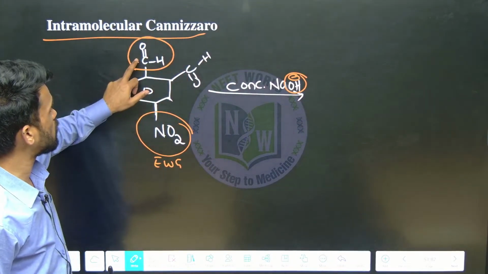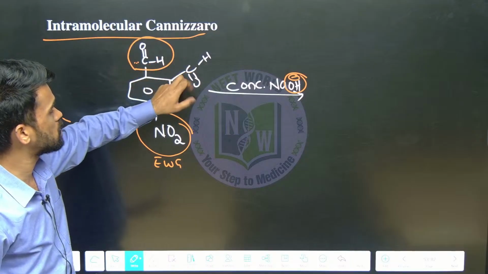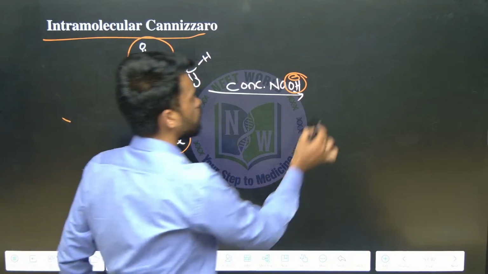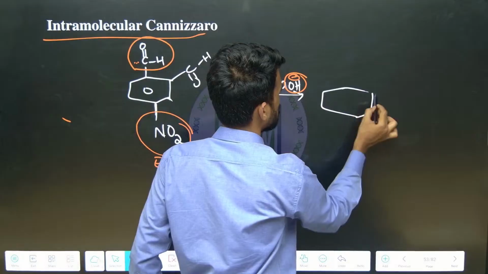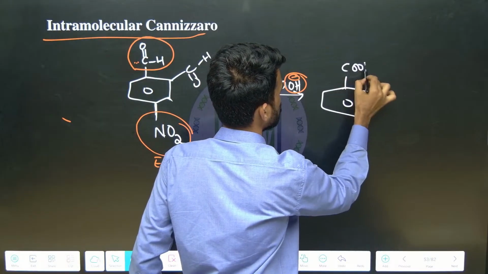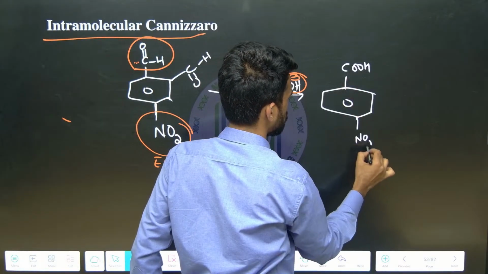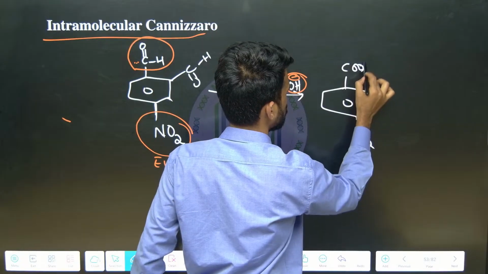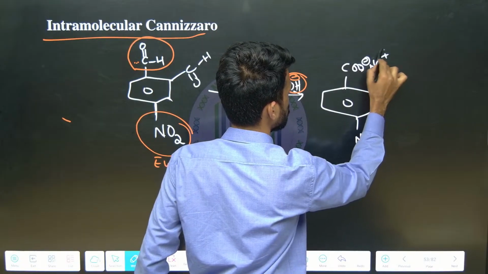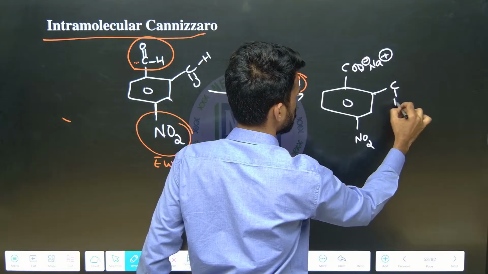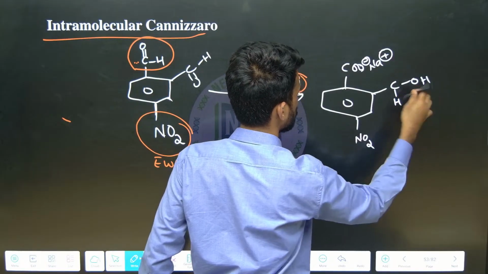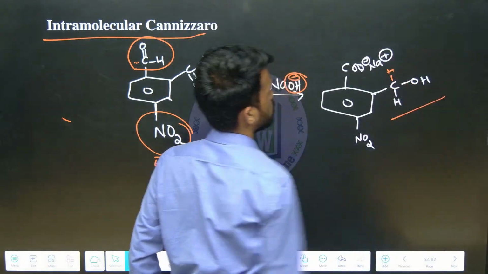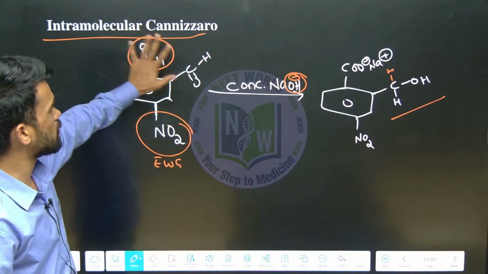It means this will get oxidized, the hydride ion shifts here, and this will get reduced. So the product formed here is this, the final product. This is oxidized, this is reduced.